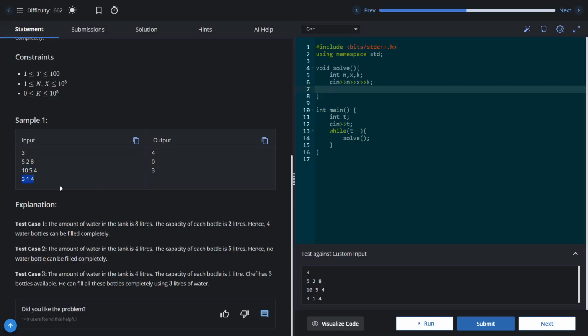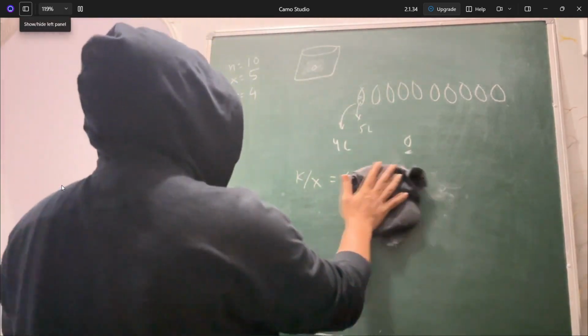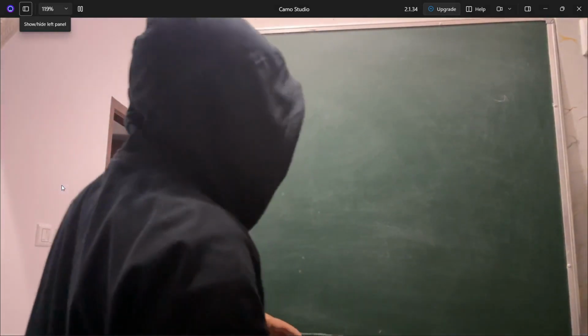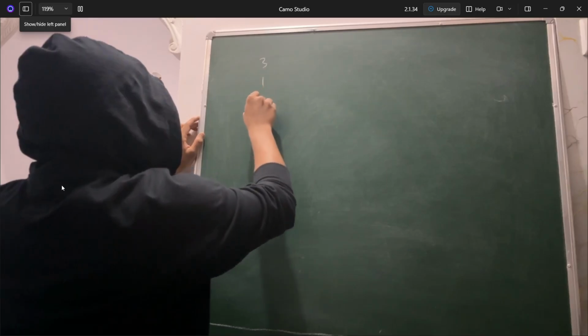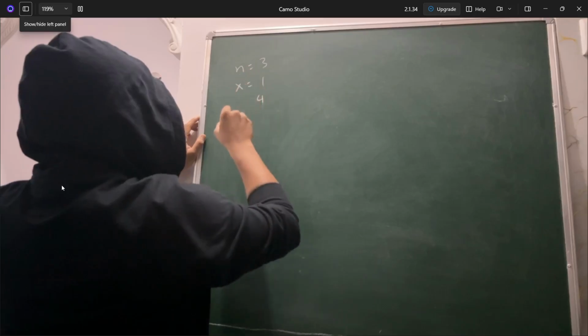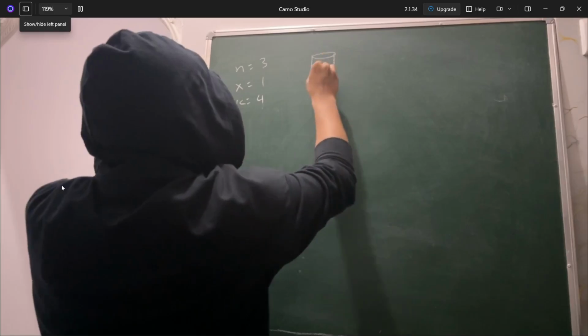This is very interesting, I'll tell you. 314. So 3 bottles we have, and its capacity is 1 liter, and the tank has 4 liters of water.